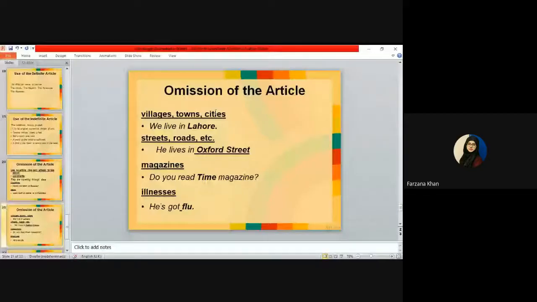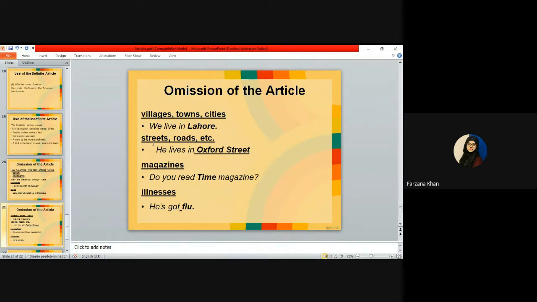It cannot be a Lahore, it cannot be the Lahore. Similarly, Islamabad is Islamabad. It cannot be an Islamabad, it cannot be the Islamabad. So similarly with the names of towns, don't use articles. You need to omit article. Always omit articles with the names of the villages.